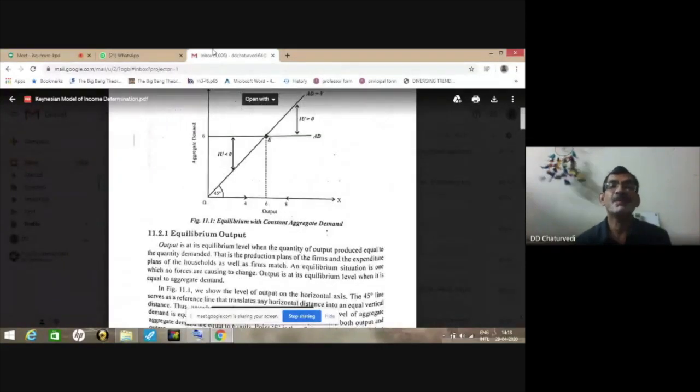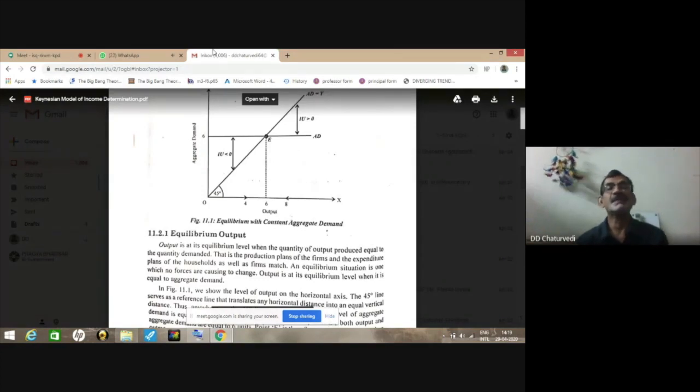For example, if you come back to the same figure, figure number 11.1, you will find that before point E, planned aggregate demand is not equal to the actual output level. And there is a difference between the two, which is given by unplanned inventories.